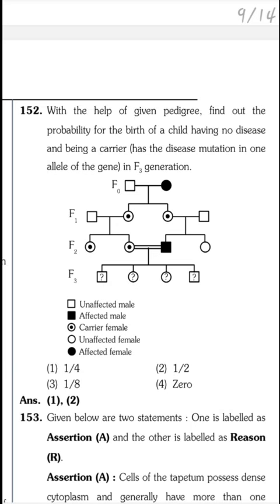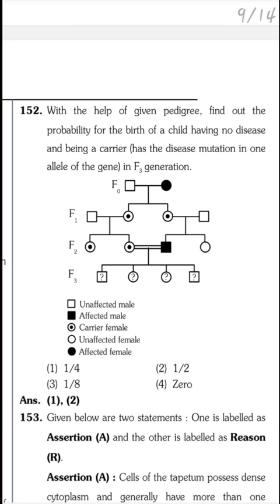In the F3 generation, males will be affected, because of the males, one is affected and one is not affected by the disease. Carriers, so there is a possibility of one of them being a normal female, another being a carrier.